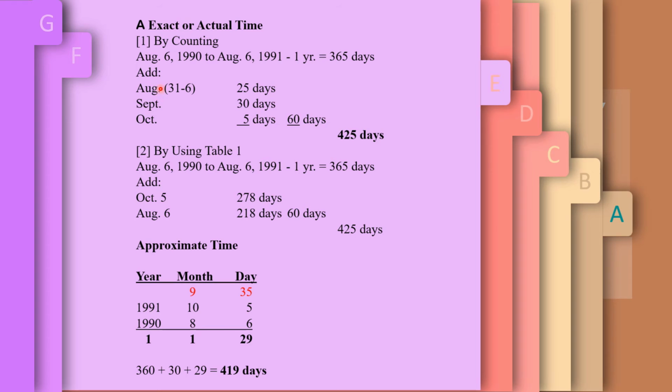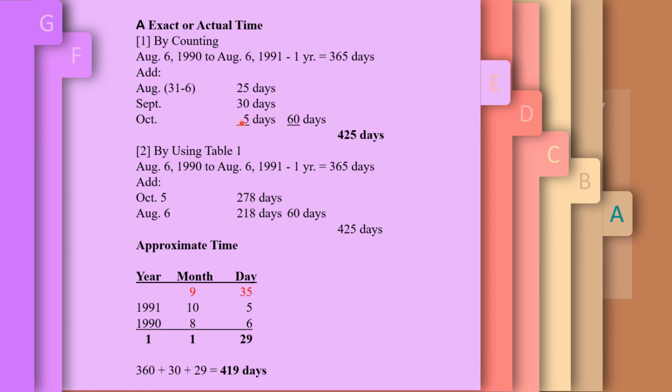So we have to add all those days. From August 6 to 31, there are still 25 days. In September, there are 30 days, and in October, there are 31 days. But we don't list all those 31 days since we have to find the exact time from August 6 to October 5 only.